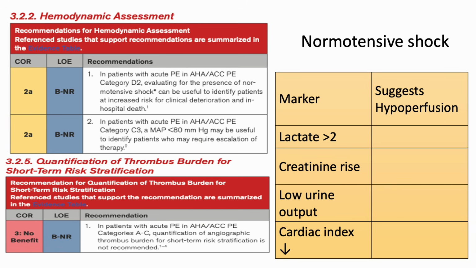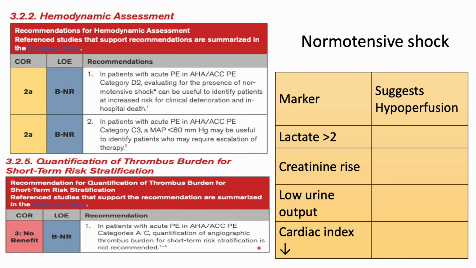Which tells us that if your patient has normotensive shock, you evaluate it, and you can identify which patient can deteriorate. So essentially it tells you where to place your patient, and it solves the problem of whether you need a ward admission, you need to send him home, or you need an ICU admission or an HDU admission.